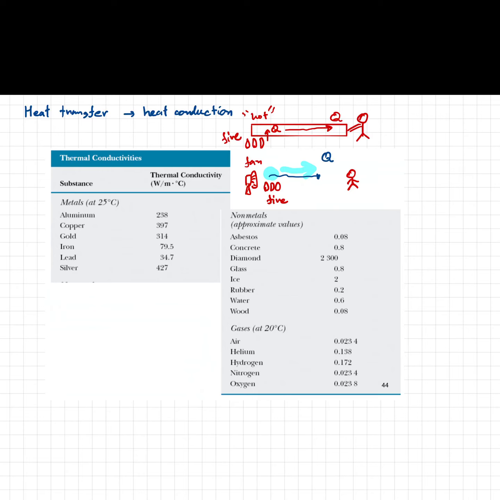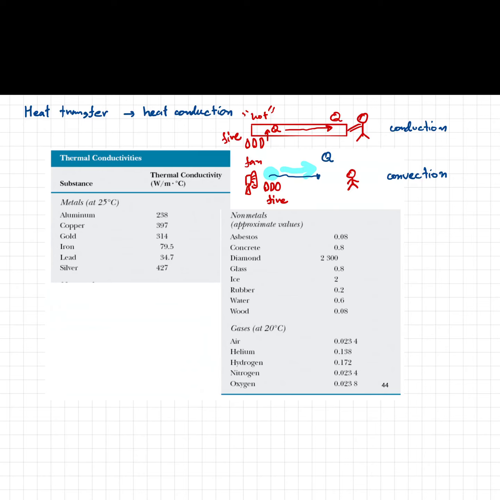Okay, so that's the difference: whether the conductor itself moves with the heat or not. So this is called heat conduction. The one below is called heat convection.